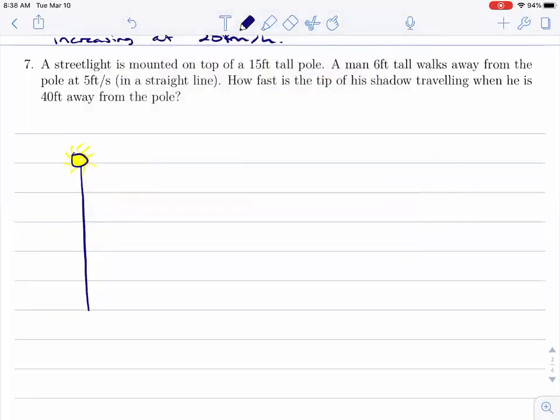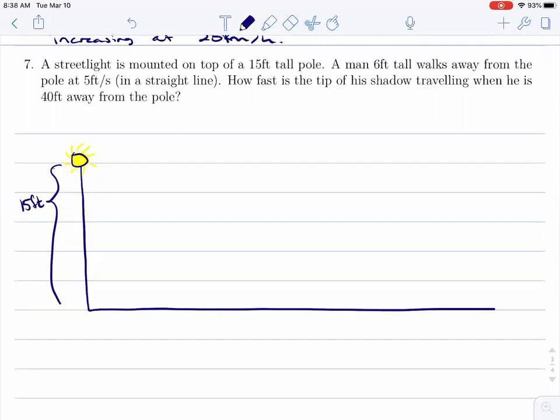And what else are we told? It's on a 15-foot tall pole, so I know that distance is 15. A man who's 6 feet tall walks away from the pole at 5 feet per second in a straight line. And so from this pole, I can walk all the way out in that direction.